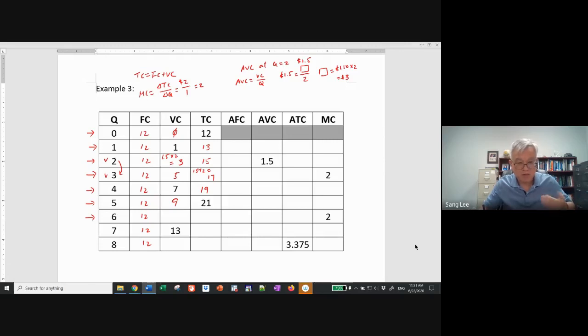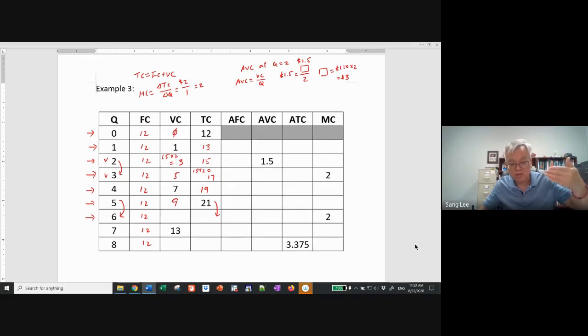Okay. So now what about when you produce 6 units? Well, we already did it. When output increases by 1, we need to know how much total cost changes. That's exactly the marginal cost concept. When you produce 6 units, marginal cost is 2. What does that mean? That means when you increase the output by 1 unit, that additional unit costs you an additional $2.